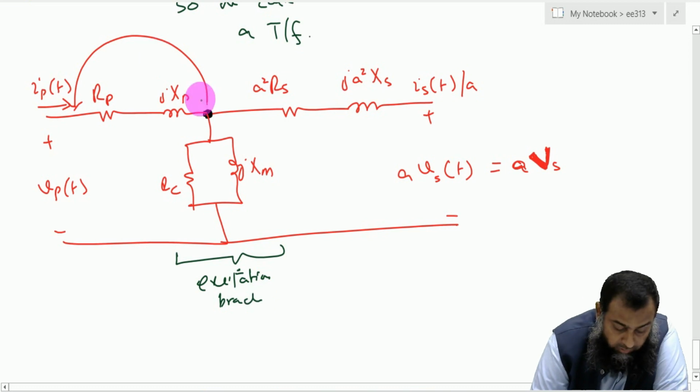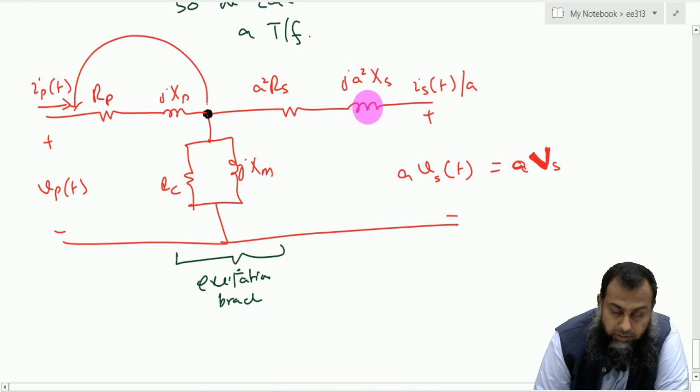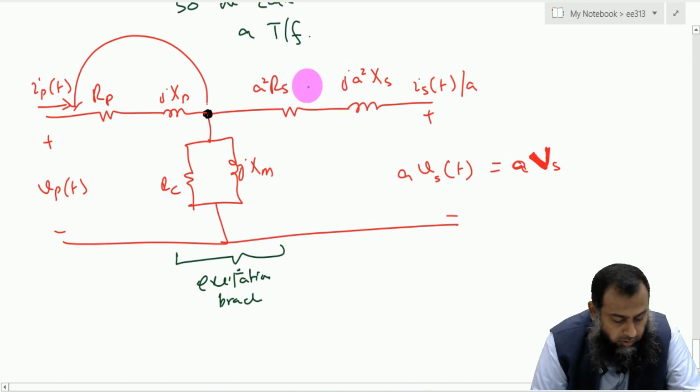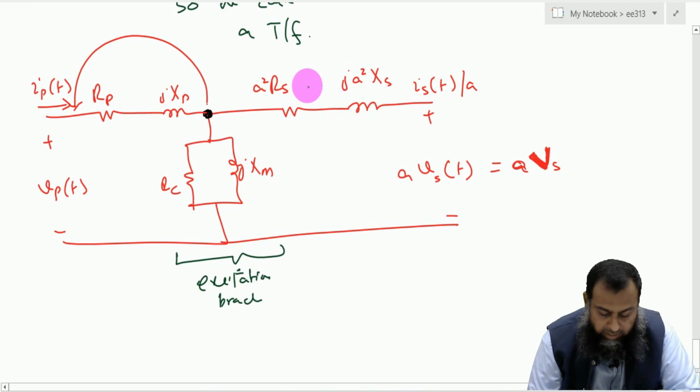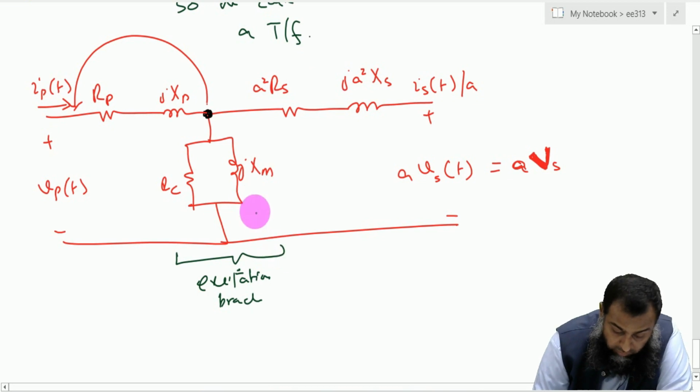So if we can do this, then we can actually add this particular RP and jXP with this a square RS and j into a square XS. But to do so, we can only do this by stating that this excitation branch current is only this current IX, right?